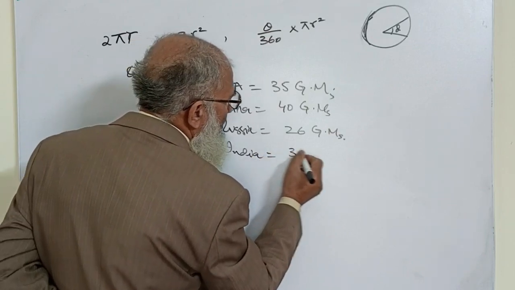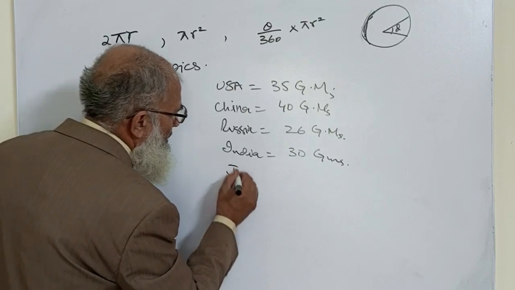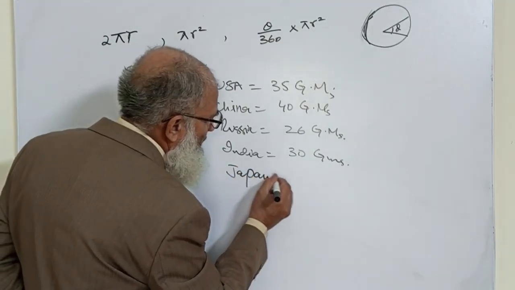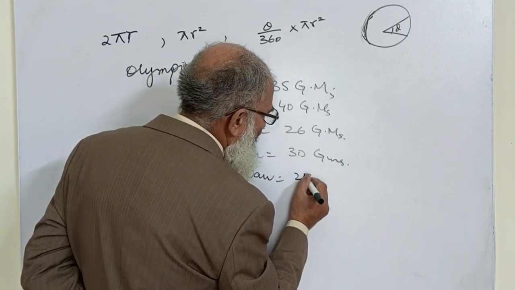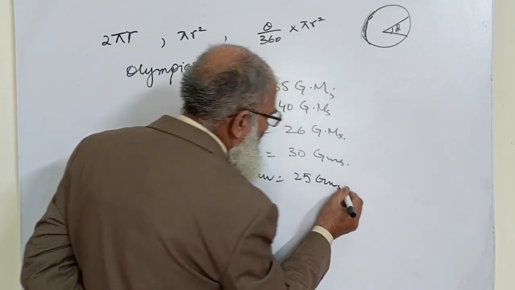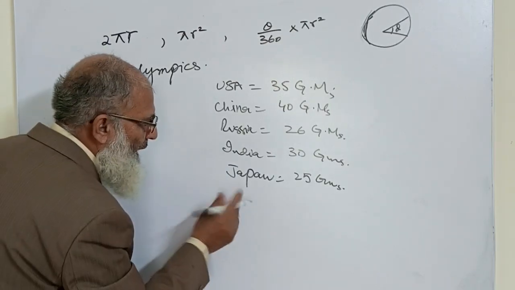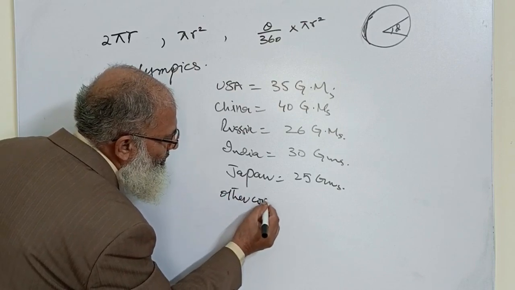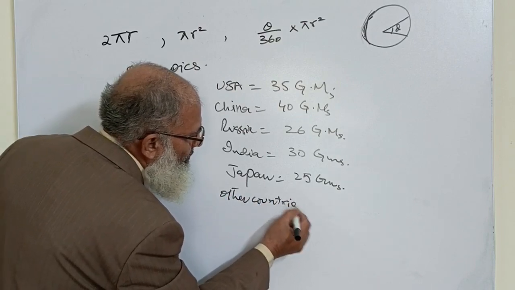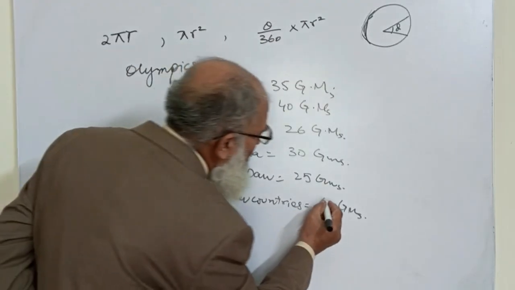India 30 gold medals, Japan won, let us say, 25 gold medals, and similarly some other countries. Now I say other countries, which on the whole won 10 gold medals.